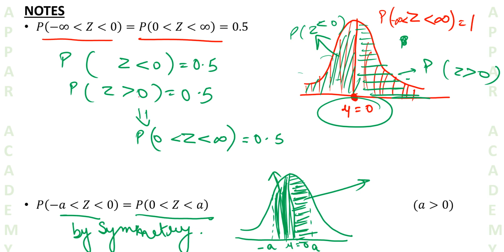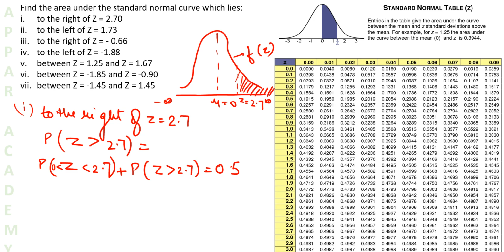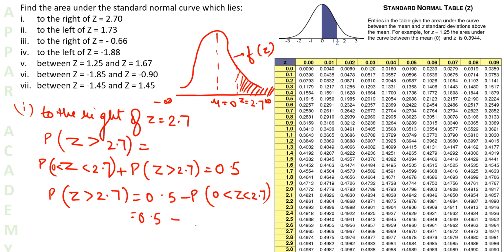So in order to find the probability z is greater than 2.7, can we say it is nothing other than 0.5 minus the probability that z lies between 0 and 2.7, right?